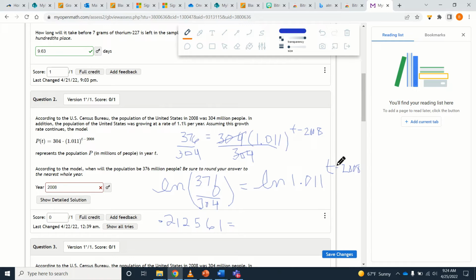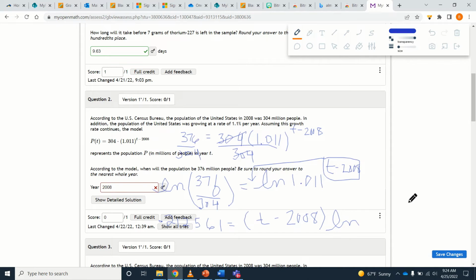Now, over here on this side, I want to move that whole exponent right there out to the front of this logarithm. So I'll have t minus 2008 times the natural log of 1.011.